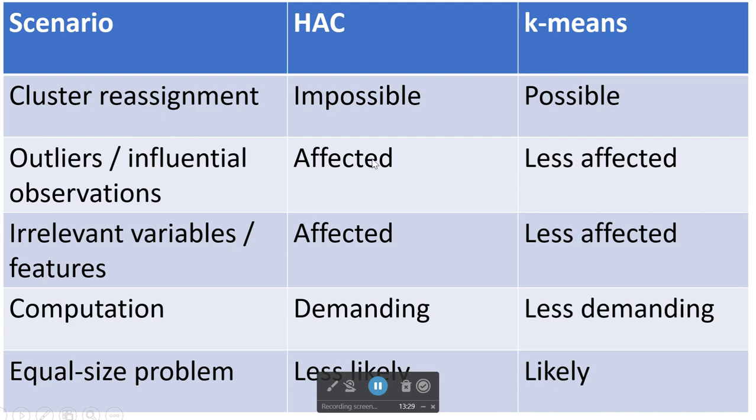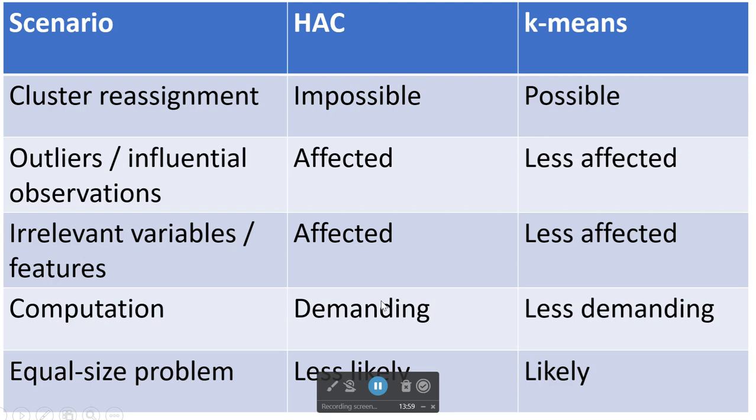And when we include irrelevant variables or features in our model to the point that we overfit that model, these may affect the findings of hierarchical agglomerative clustering, but k-means clustering are less affected by irrelevant variables or features.